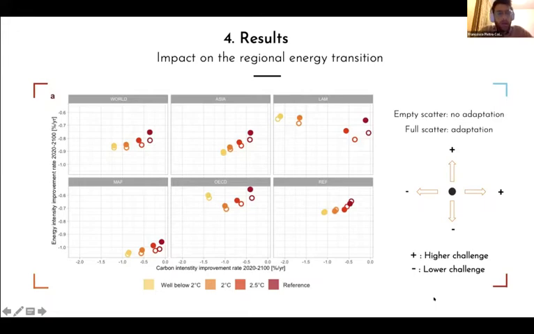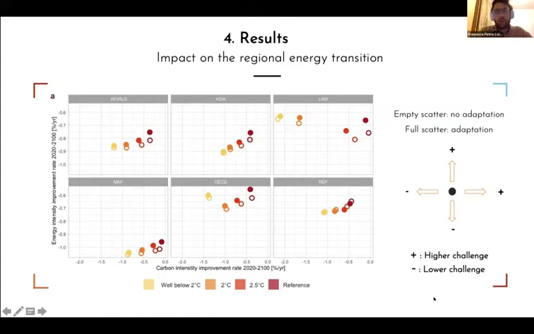And we see that globally and also in most of the regions, the effect that we're really capturing is mostly related to higher challenges for the energy intensity. So economies, due to this feedback, become more energy intensive, whereas we don't see a particular shift in the carbon intensity improvement, meaning that, as we have seen also in the previous slide, the additional electricity demand is mostly accommodated by a mix which is consistent with each policy scenario.